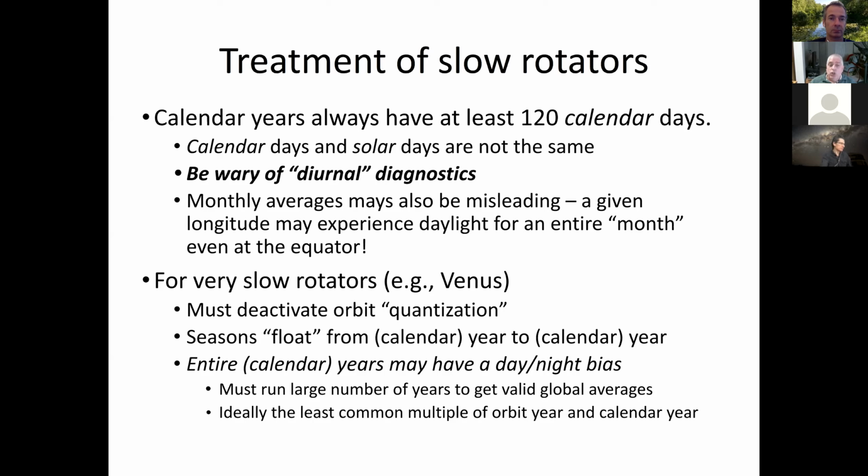What that means is that calendar years no longer correspond to actual sidereal years of the orbit, and you need to think about that. If you need to average over a year, what you probably have to do is run enough years that you get an integral number of both calendar years and orbital years, so that you're not putting any bias from either one of those two things going on.